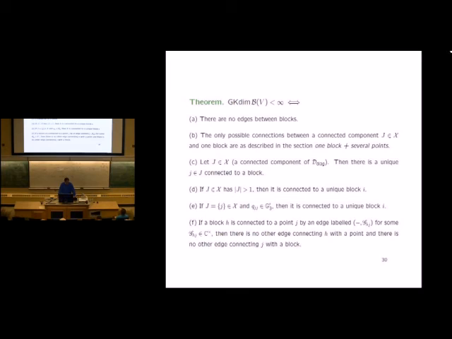If you have a connected component and one block, then the only possible connections between so X is the set of connected components. This is the diagonal part of the diagram, and X is the set of connected components.